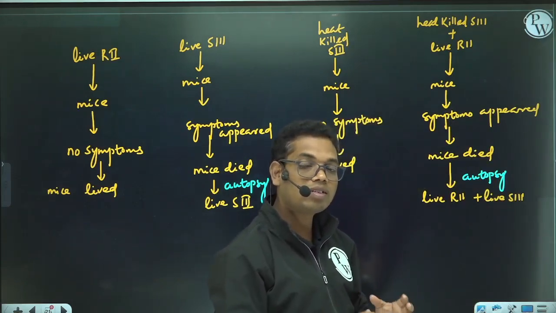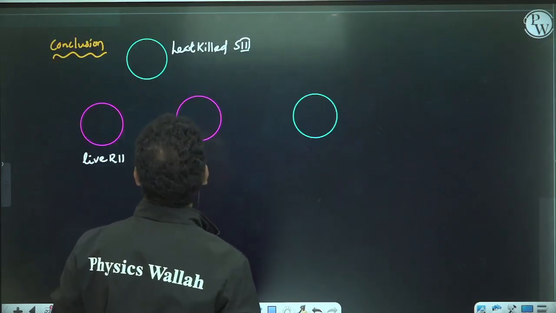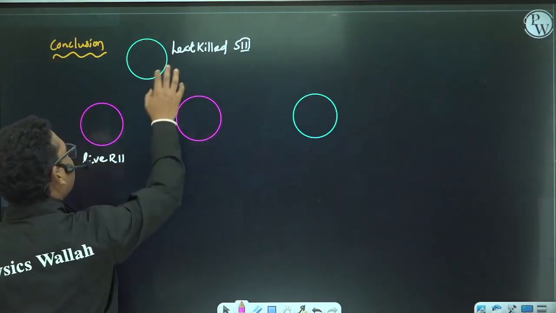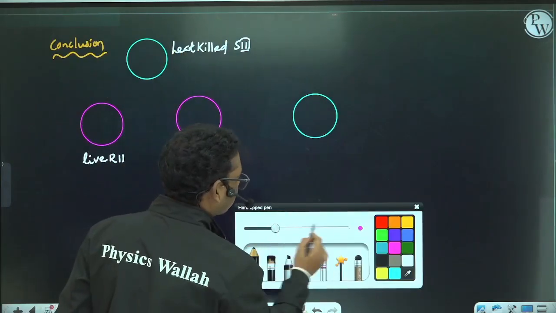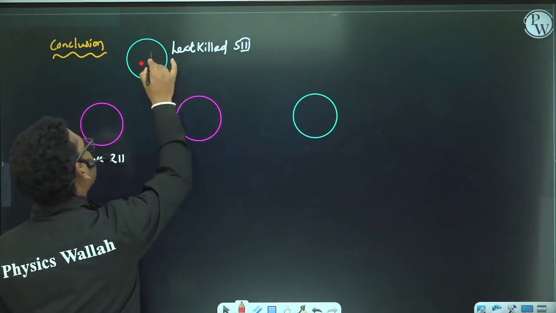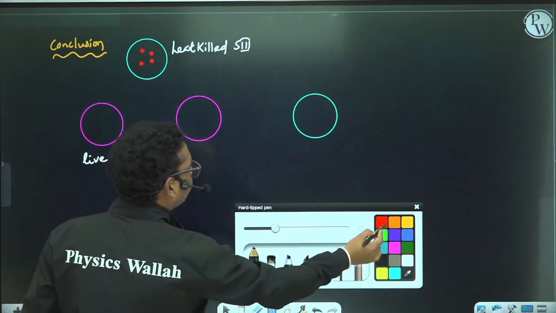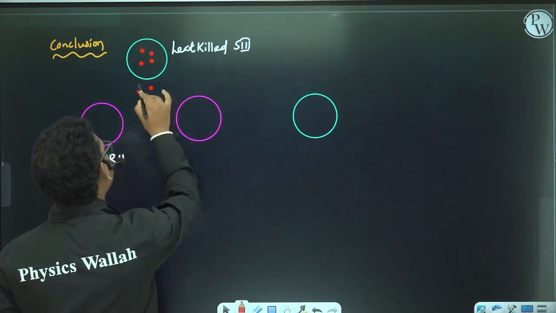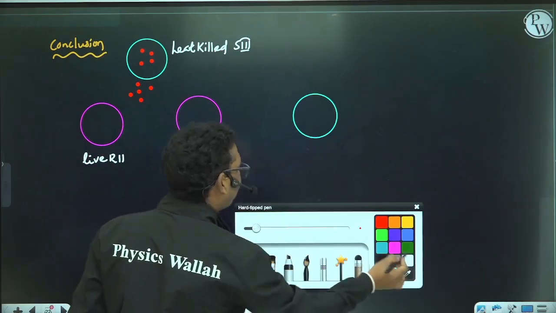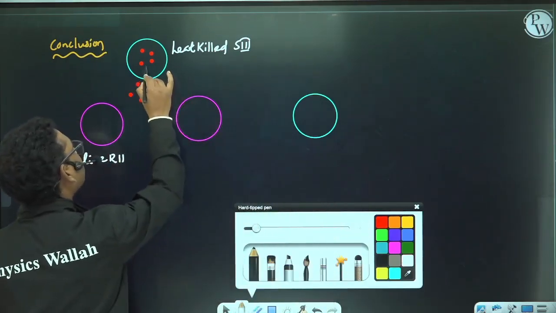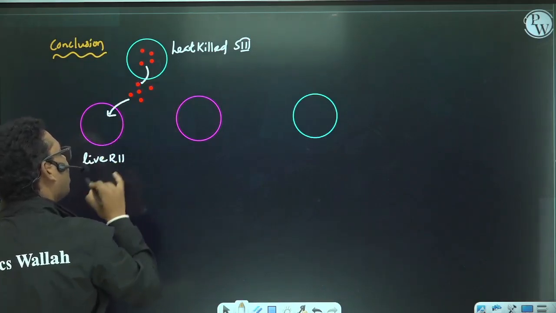So how did he interpret this? He said that suppose this is heat killed S3. From this heat killed S3, certain chemicals might have been released. Okay, so suppose these are those chemicals. These chemicals entered into live R2.